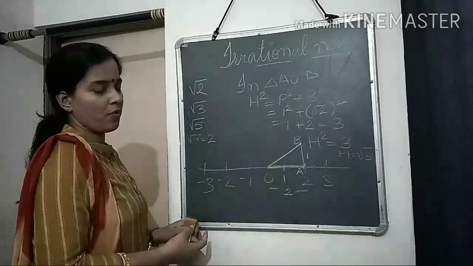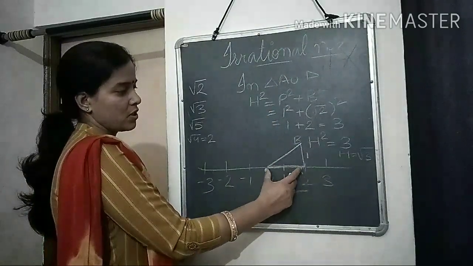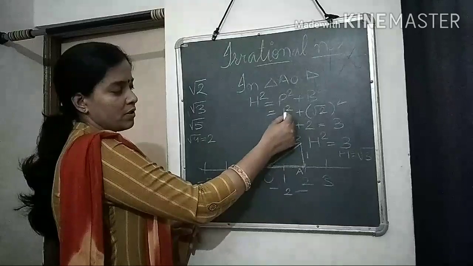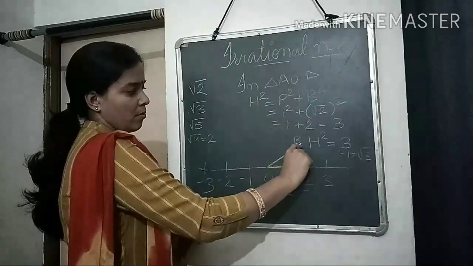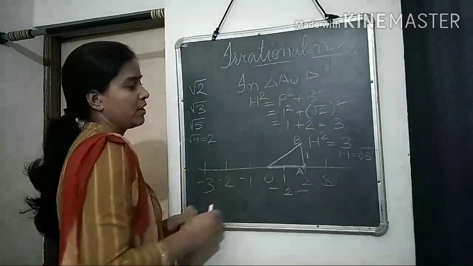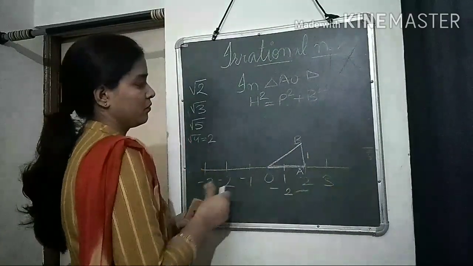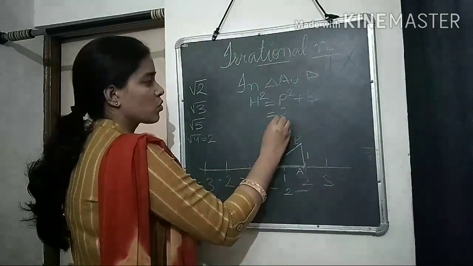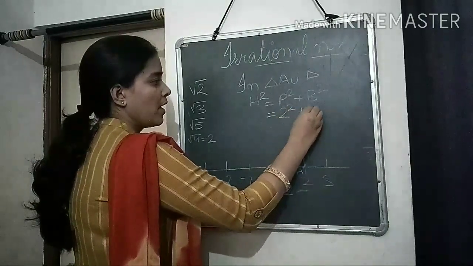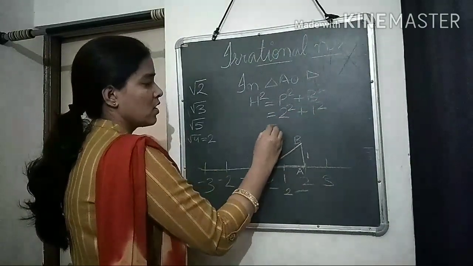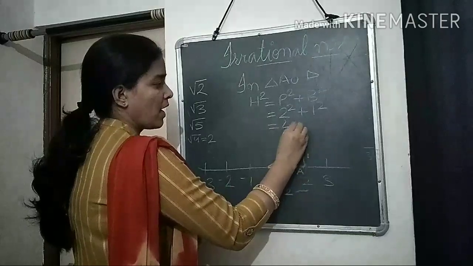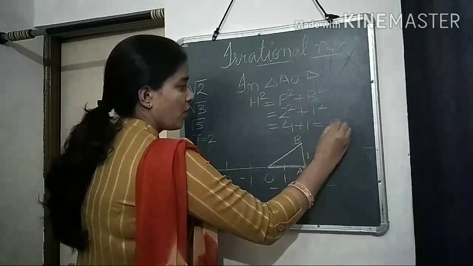If you look for the formula of the triangle, perpendicular you can take 2 square, base you can take 1 square. Then it will give you square of 2 plus square of base. Square of 2 is 4 plus 1, which is 5.